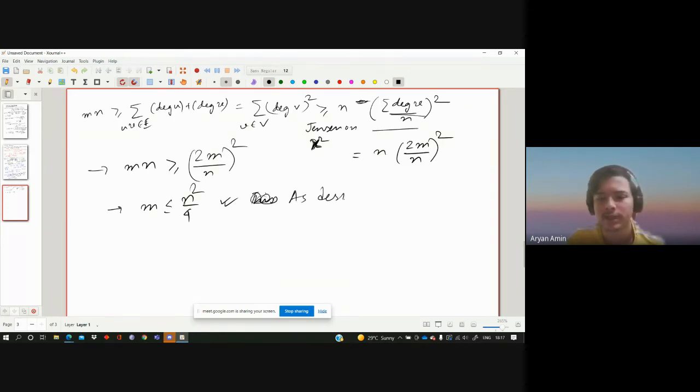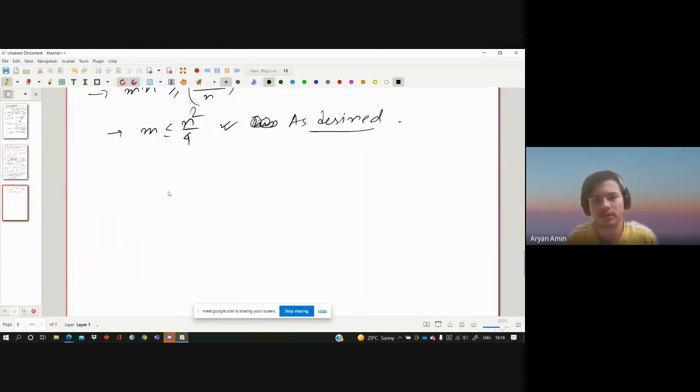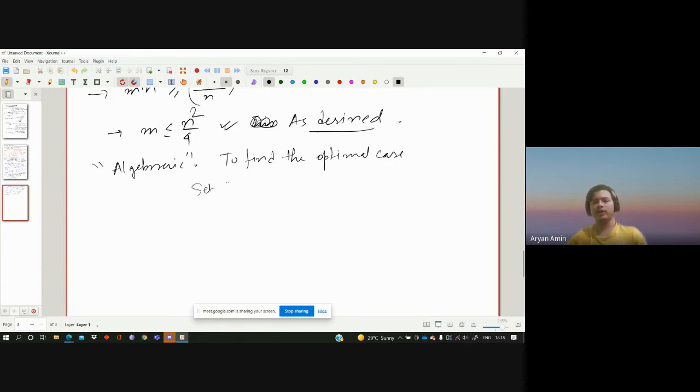Any questions regarding this proof? No? Okay. Now think about what we did in this proof. It was rather algebraic, because to find the optimal case you would have to set all variables to their equality cases and so on.